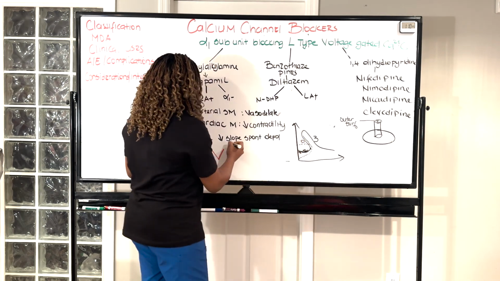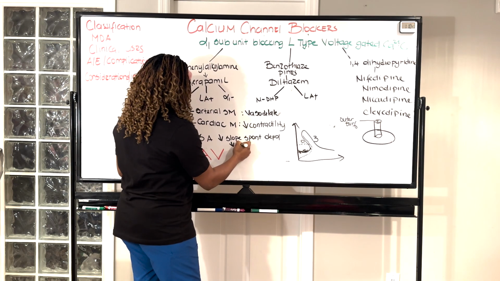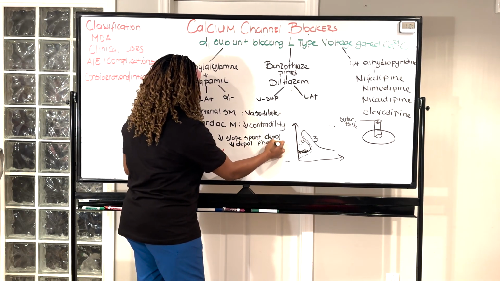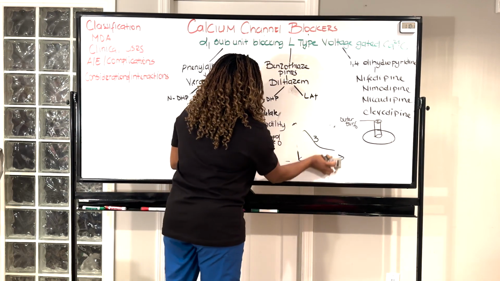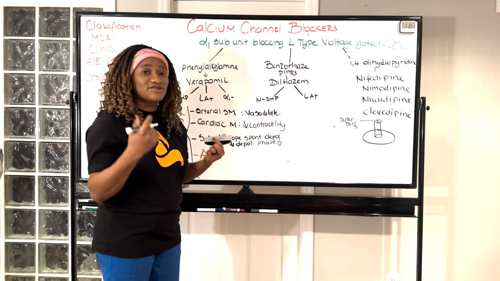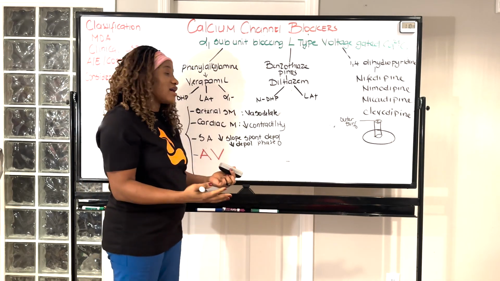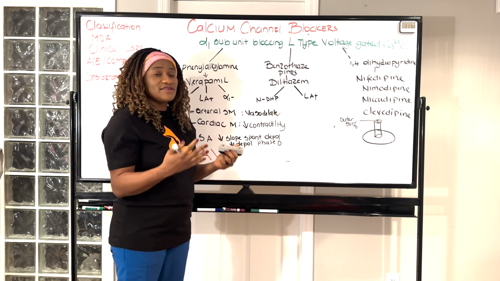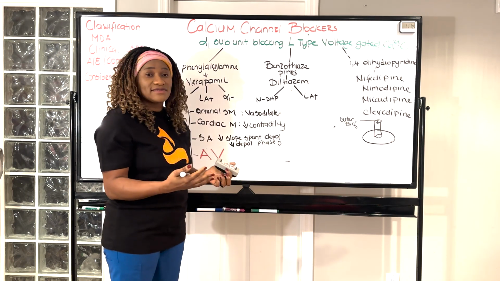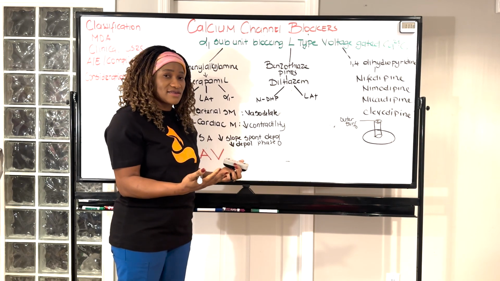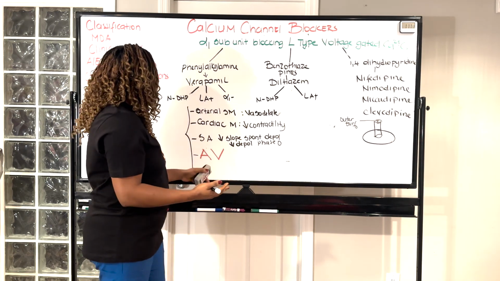So they're also going to decrease the depolarization in phase 0. How does this reflect clinically? They're going to decrease the automaticity of the heart. Remember, the SA node is the natural pacemaker. So they're going to decrease the automaticity and the production of electrical impulses in the SA node.